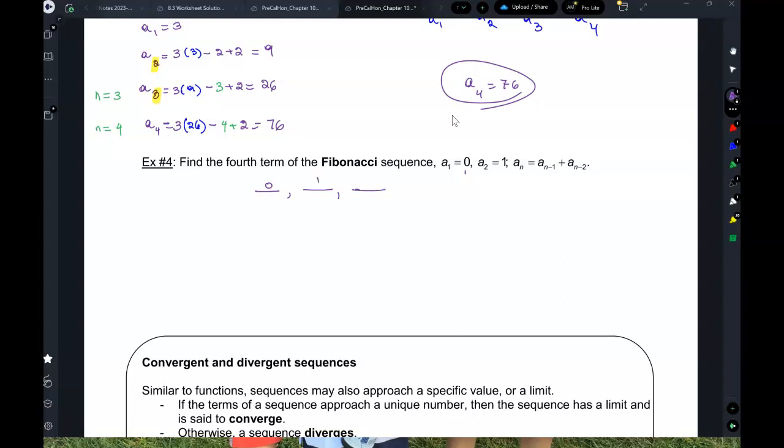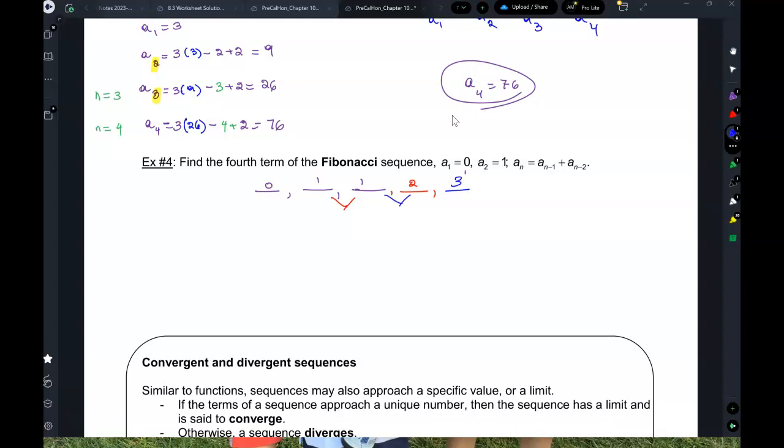Then every other number, a sub n, is the sum of the one right before and the one right before that, the 2 previous ones. So what would that number be? 1. And then the next one, you would add these 2, you would get 2. The next one, you would add these 2, you would get 3, and so on. And you can continue that forever.